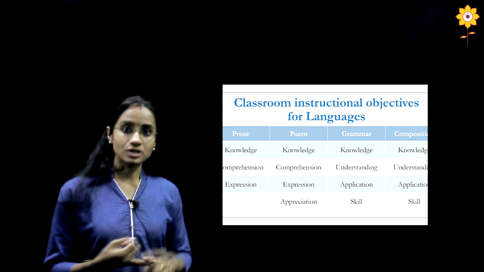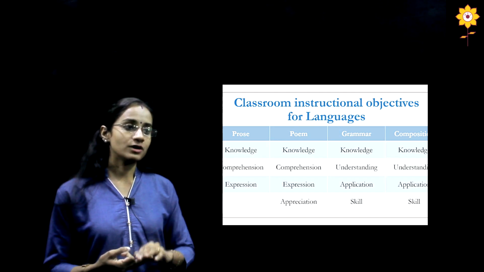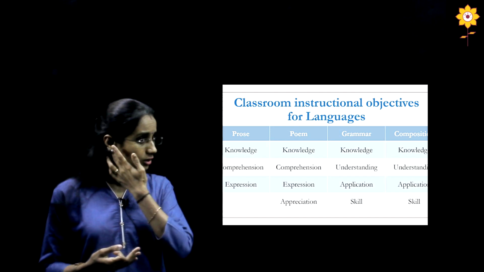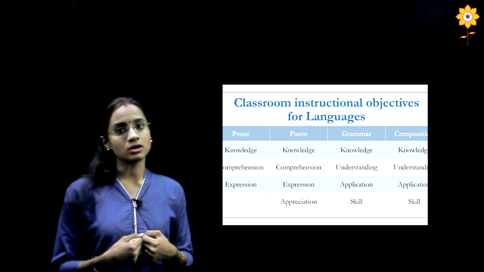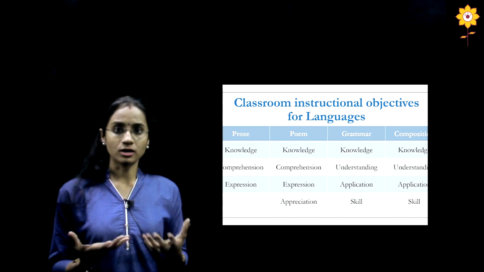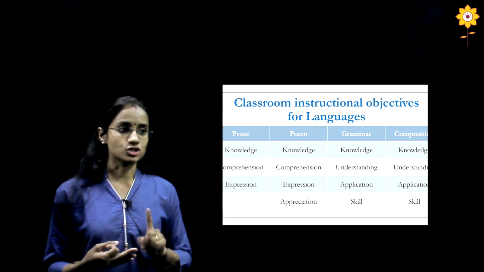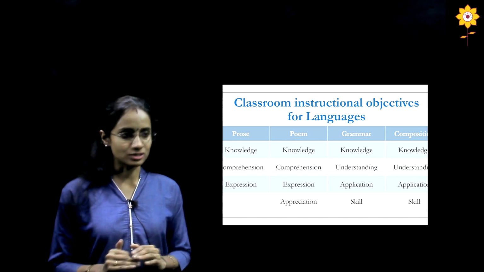So knowledge, comprehension and expression, because there will be recitation in that, right? Same way in poem. In prose it is again knowledge, comprehension and expression, where there is reading or anything that the child expresses after understanding a particular prose. So in prose and poem you have knowledge, comprehension and expression, and in poem, appreciation is also added on.